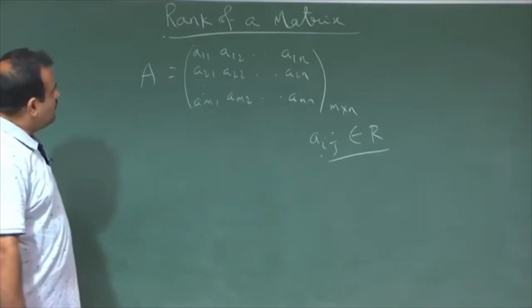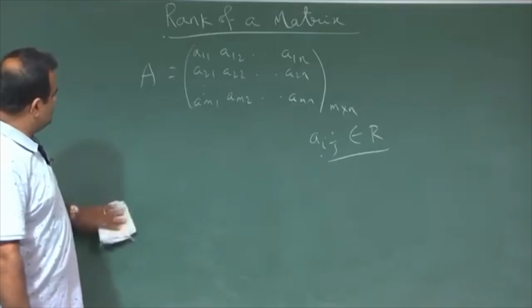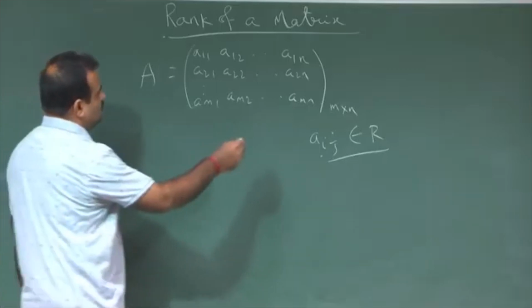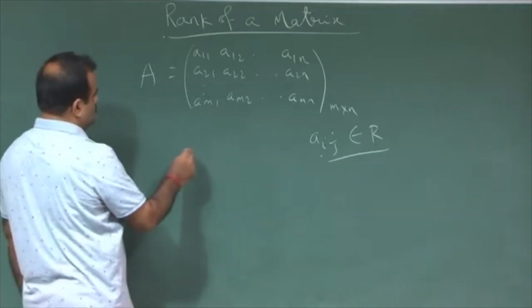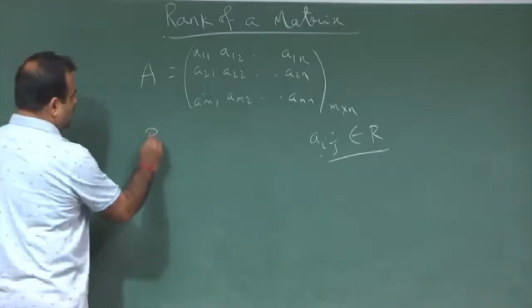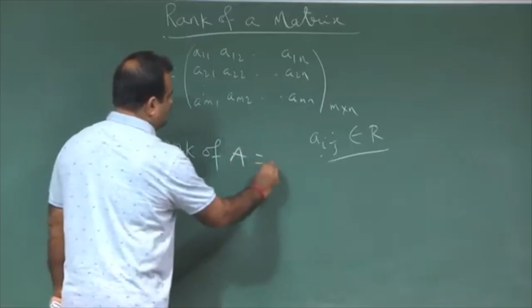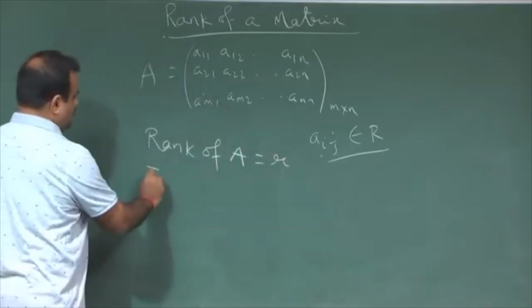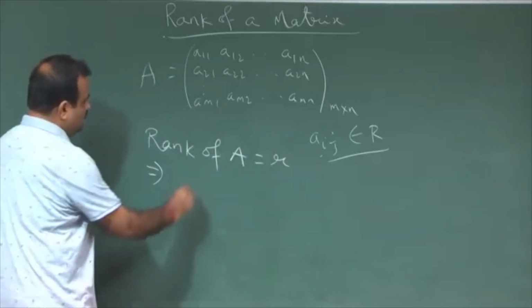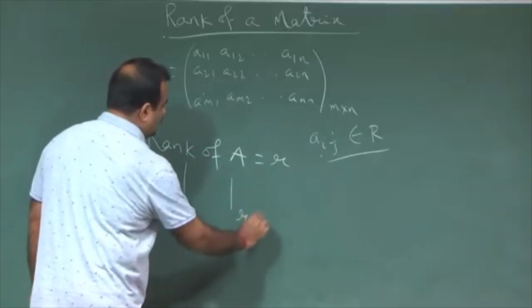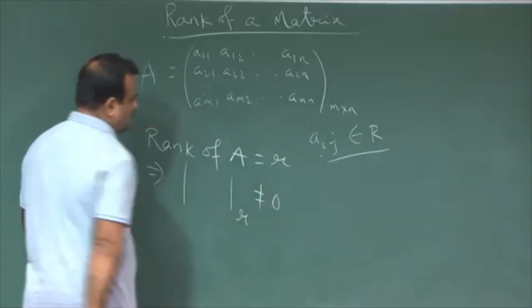So, what is the rank of a matrix? If you take a matrix, we know the minor. Rank of A is r implies that we have a minor of size r which is not equal to 0, at least one minor.